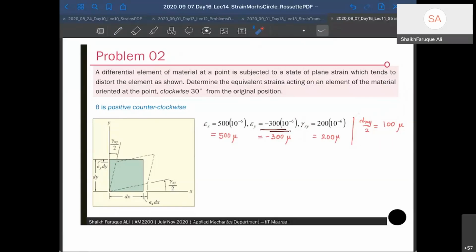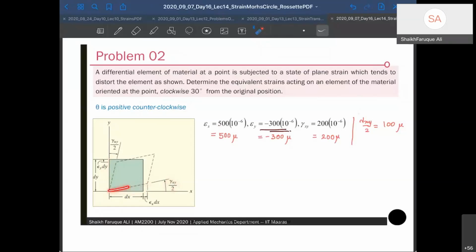Since gamma xy is positive, I will have this plane moving anti-clockwise and this plane moving clockwise, right? And epsilon x is positive, so epsilon x positive means this line gets elongated like this. Therefore, this line will be more than this line, and you know the rotation is gamma xy by 2.